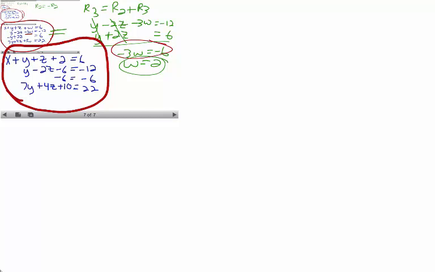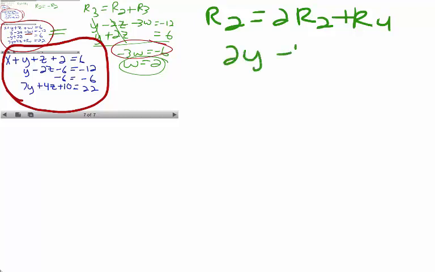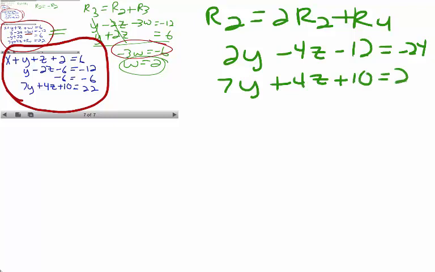And our next step will be to take 2 times row 2 plus row 4 and store it in row 2. Our 4z and negative 4z cancel out.